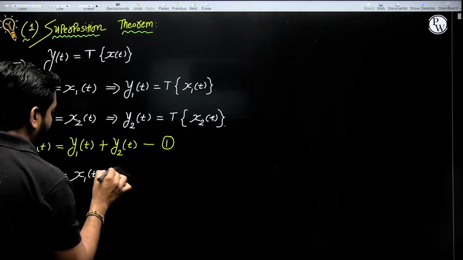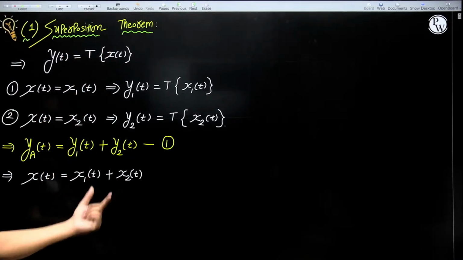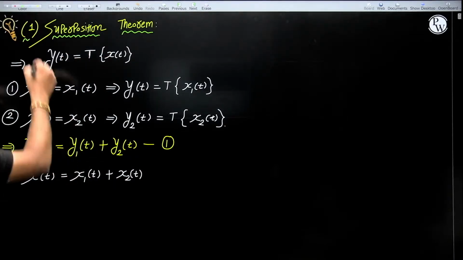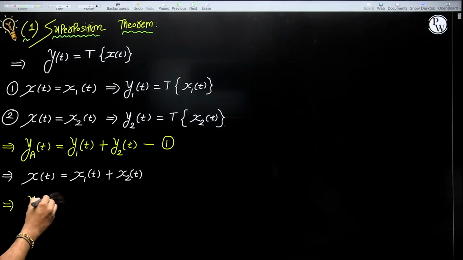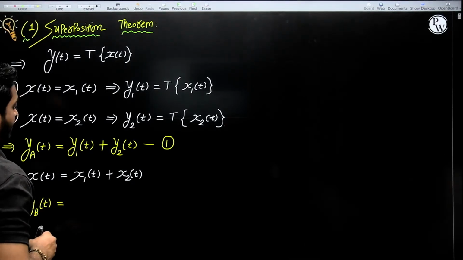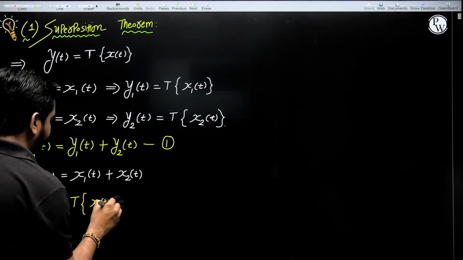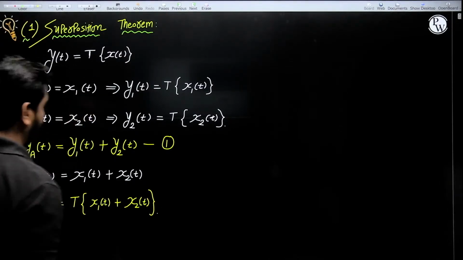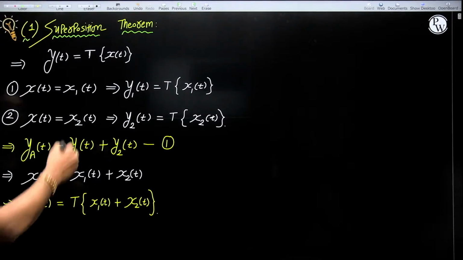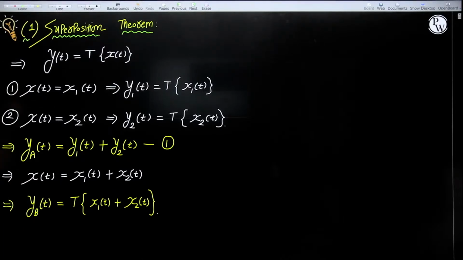Instead of x of t, write x1 of t plus x2 of t. So yb of t is equal to transformation on x1 of t plus x2 of t. This is number 2.